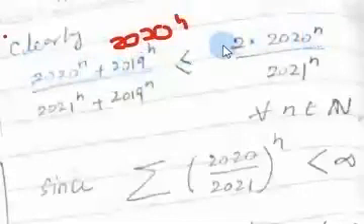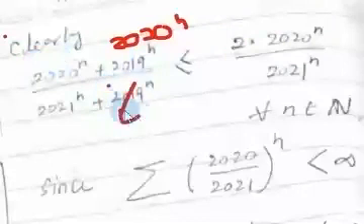So this term is bigger than this number here, and if you ignore one of the terms in the denominator, your denominator will become very small.